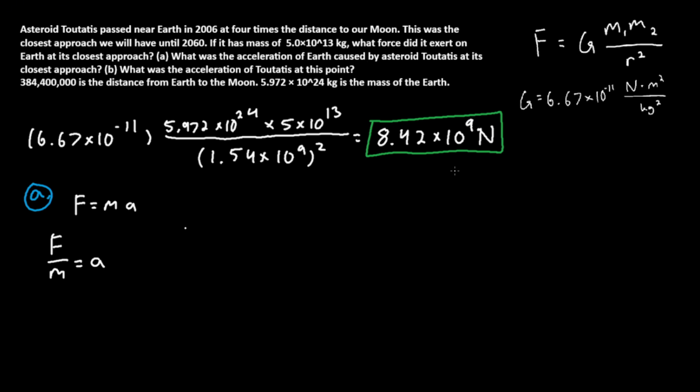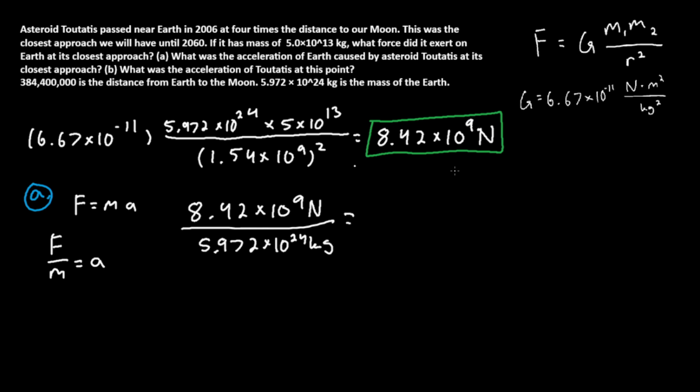So we need the force, which we already calculated. The force is 8.42 times 10 to the power of 9 newtons, divided by the mass of the Earth, 5.972 times 10 to the power of 24 kilos.